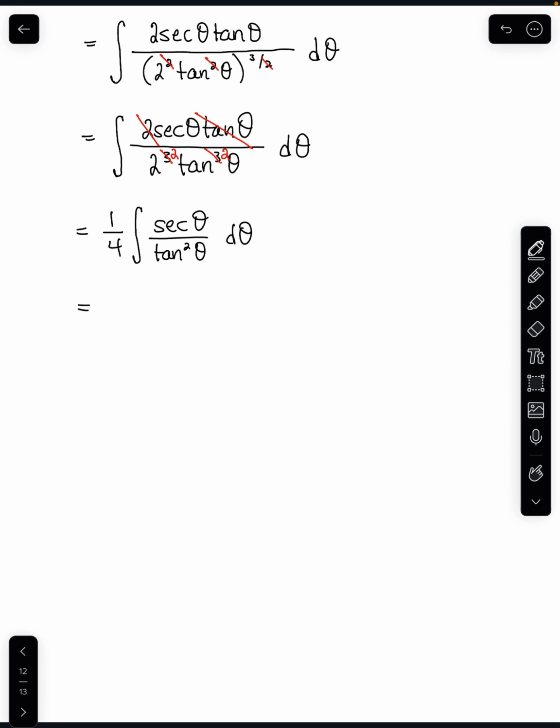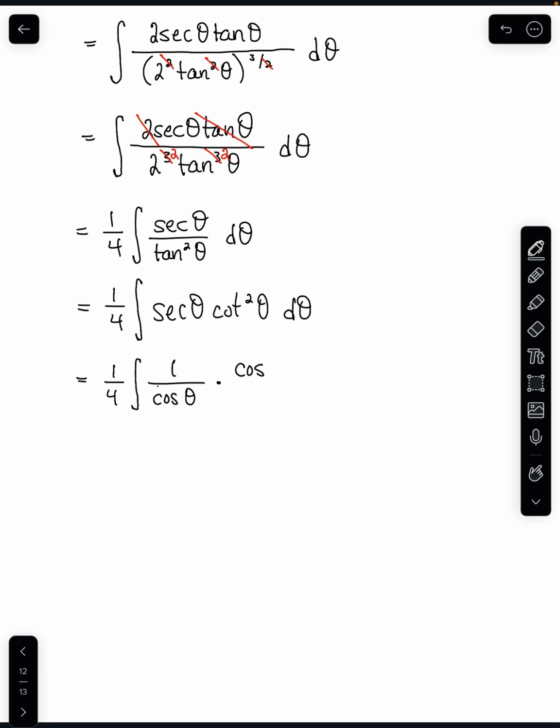To do that, it would perhaps be most helpful to bring the tangent squared up to the numerator, where it will become cotangent squared theta, so that we can write the secant theta as 1 over cosine theta, and the cotangent squared as cosine squared theta over sine squared theta.